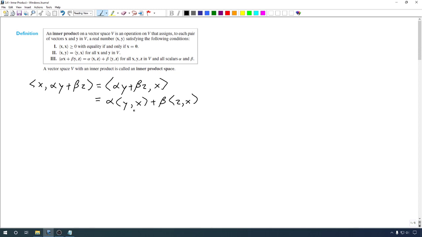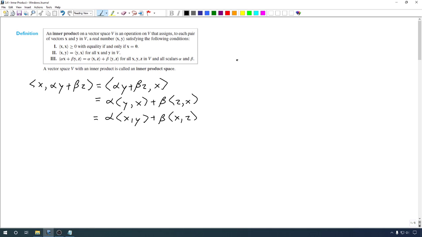And then we can swap the y and x and the z and x so that we get exactly what we would expect to be there. We just don't have to state that as a separate property because it is implied by the other ones. So we get that one kind of for free.